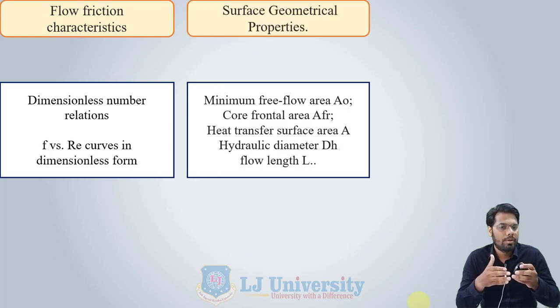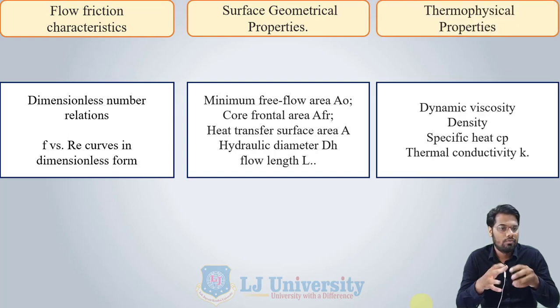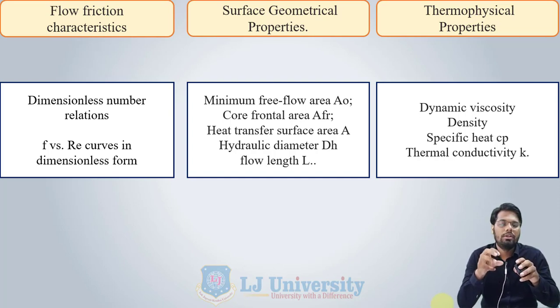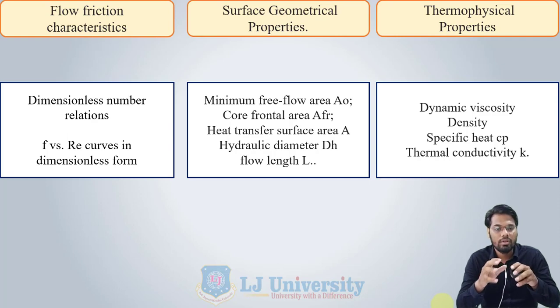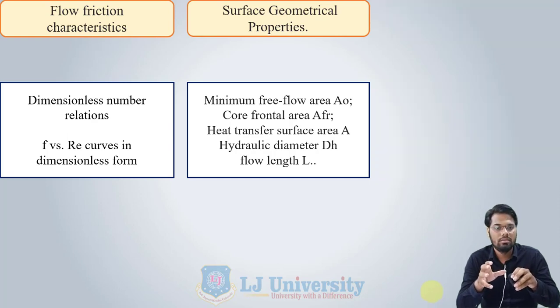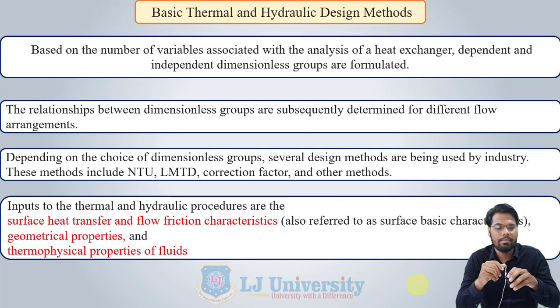Surface geometrical input parameters are the minimum free flow area, core frontal area, heat transfer surface area, hydraulic diameter and the flow length, and thermophysical properties of the fluid like dynamic viscosity, density, specific heat and thermal conductivity. So these are the input criteria for the thermal and hydraulic design methods.